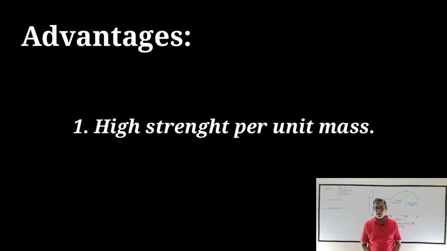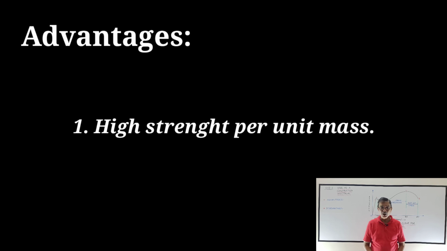What is the meaning of high strength per unit mass? If you take a small angle section, as it is small, its weight will be less, but its strength is high. So, even for members having less mass, strength can be higher.